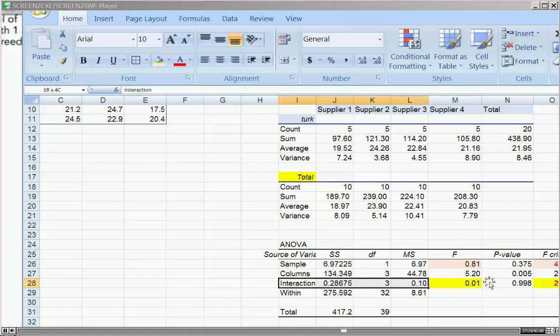We had to look at interaction first because if this were significant, if this were less than 5%, then we wouldn't even look at these. We would have concentrated on the interaction. But this was not significant, so we're looking at main effects.